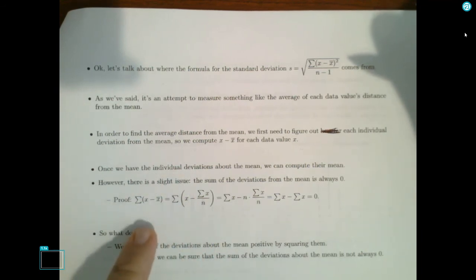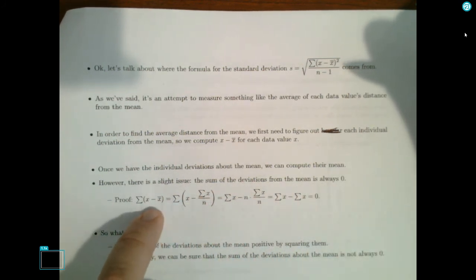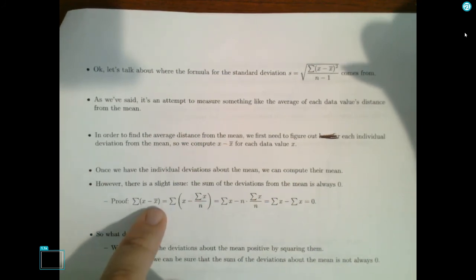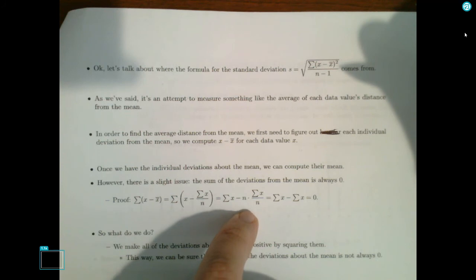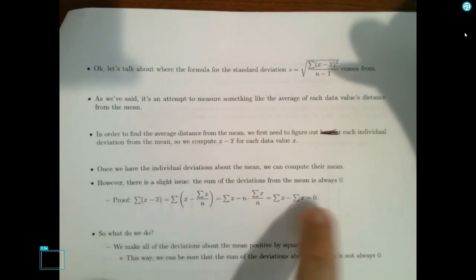But there's a slight issue here, because the sum of the deviations from the mean is always 0. If you don't square these values, if you just have x minus x bar and then you add them up, well, remember x bar itself is the sum of x divided by n. You can distribute the sum across that subtraction, in which case the second one is just this thing multiplied n times. Anyway, you get 0.